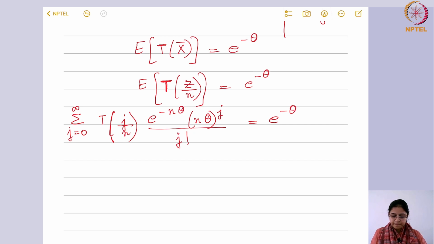Okay. Now you can see that here, e to the power minus n theta, this term can be taken to the right hand side.